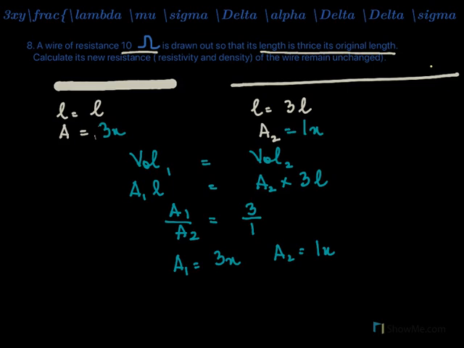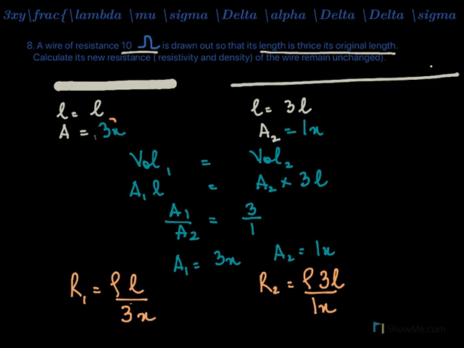The resistance out here, the first resistance is rho L over A. The second resistance will be rho 3L over 1x, because now the length is 3L, and the A here I have to change to 3x, because the A is 3x.